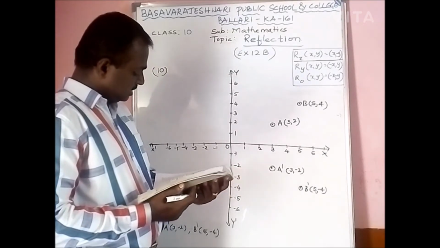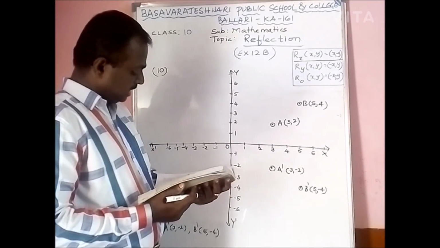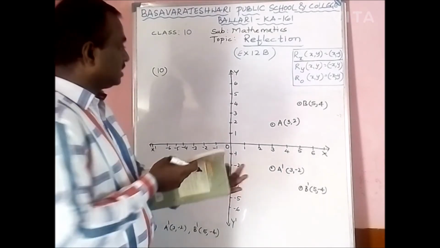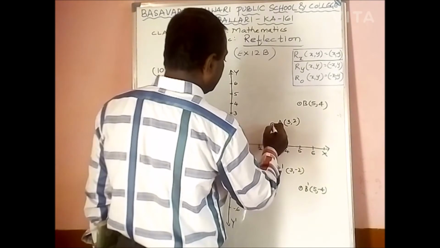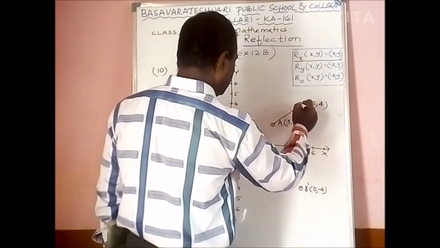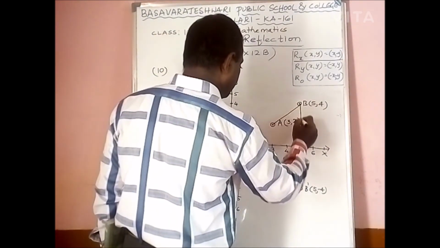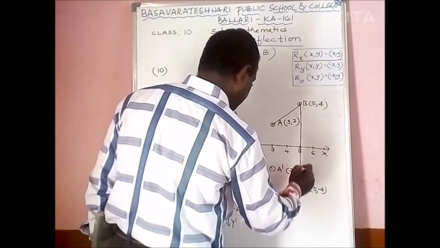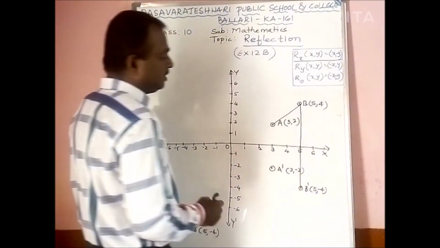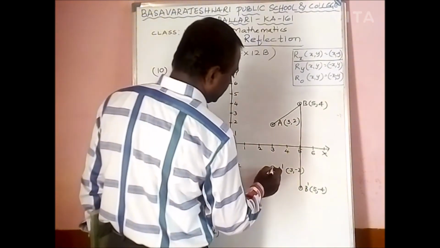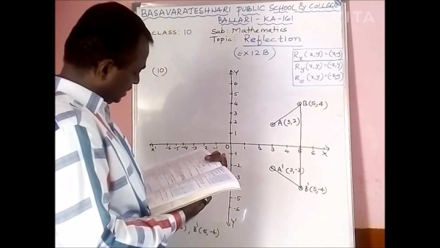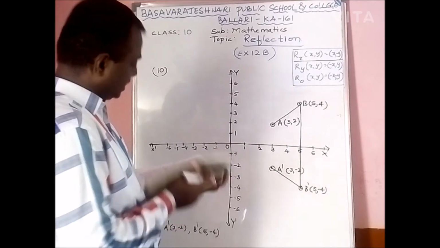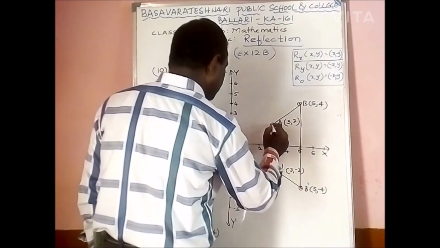Third, the geometrical name of the figure A, B, B dash, A dash. A, B, B dash, A dash.